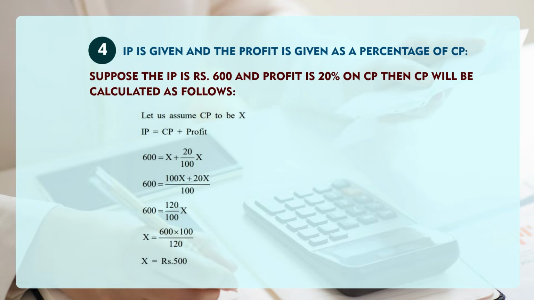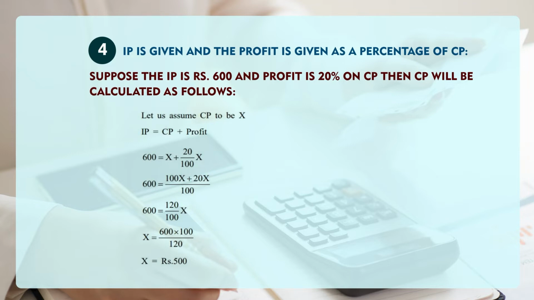So, invoice price 600 is equal to cost price we have assumed, x, plus profit, 20% of x. If we take the LCM, 600 is equal to 100x plus 20x divided by 100, that is 120x divided by 100. So, x is equal to 500.